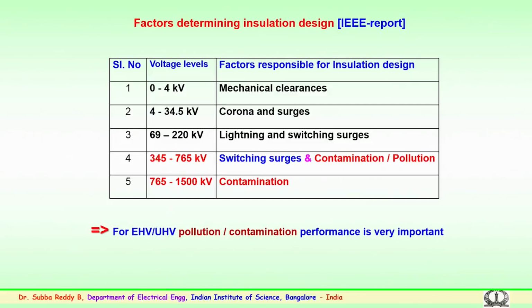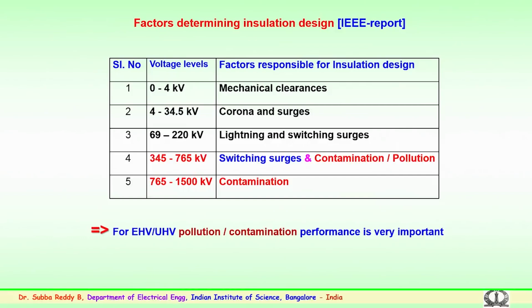So, for 0 to 4 kilovolts, the factors mainly responsible for the insulation design are the mechanical clearances, so the tower to conductor clearances or the ground clearances. These are designed with the help of the clearances to any other equipment, material, or metal which is nearby.